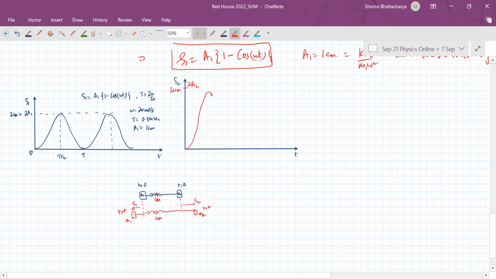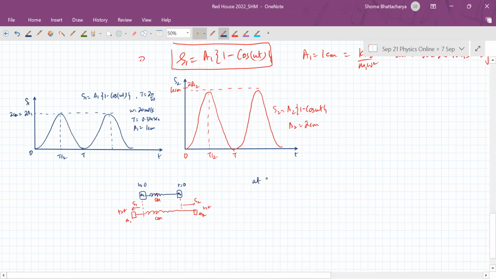But it has the same periodicity and it's synchronized. At t equal to 0, both of them start from the closest position. At t by 2, they simultaneously reach the furthest away position. The only difference here is that a2 is 2 centimeters, the rest is the same.